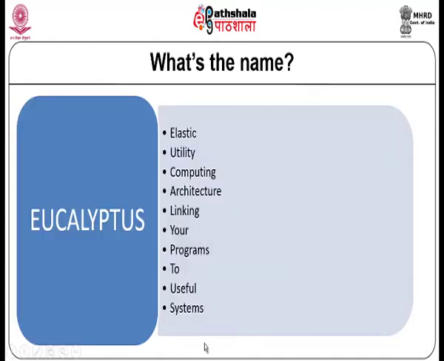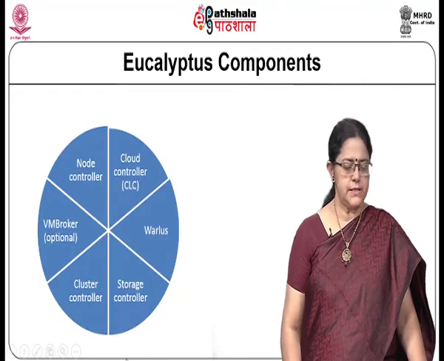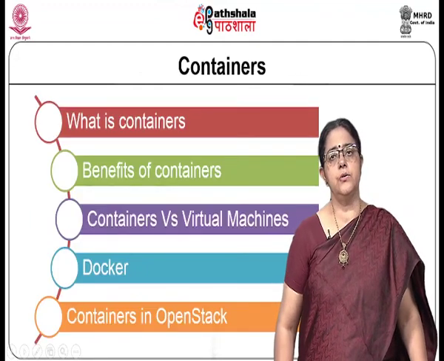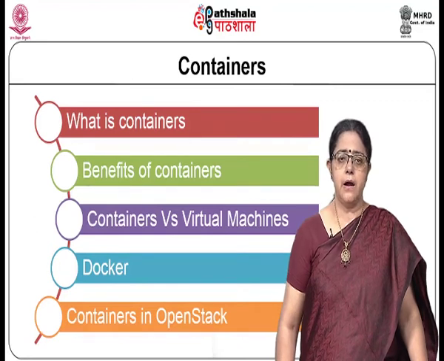The name is given from these words, which is Elastic Utility Computing Architecture, linking your programs to useful systems, or Eucalyptus. And these are the generic components of Eucalyptus.